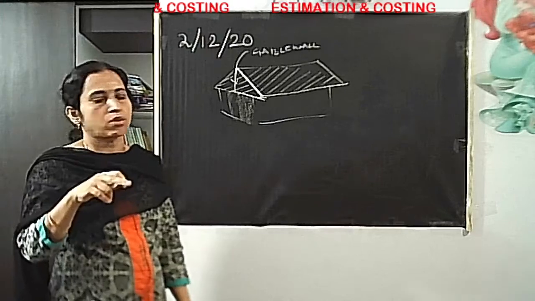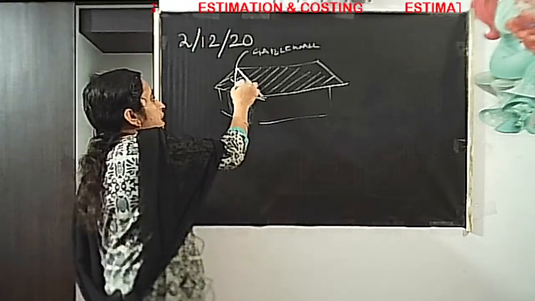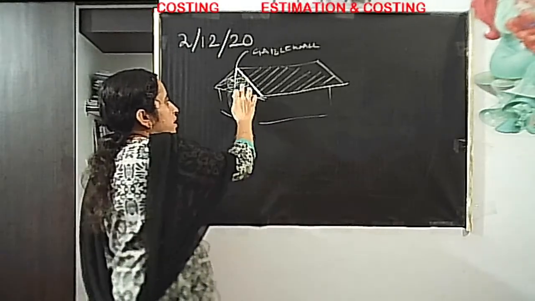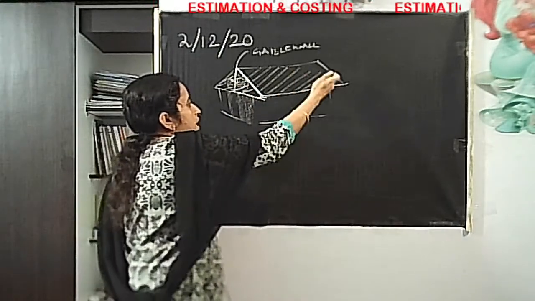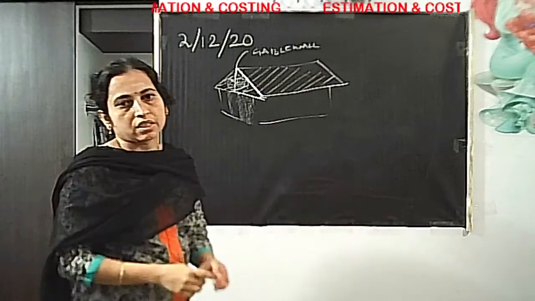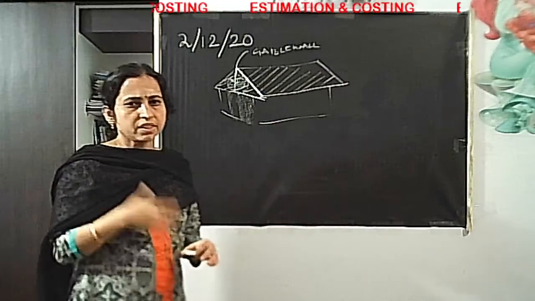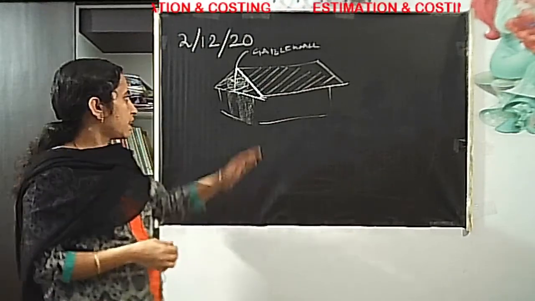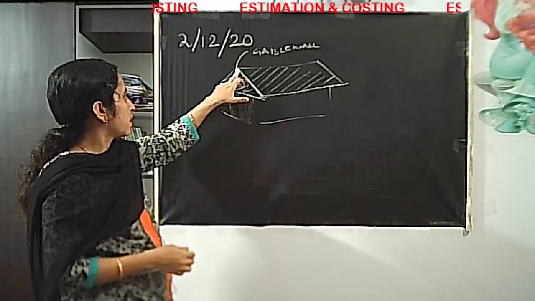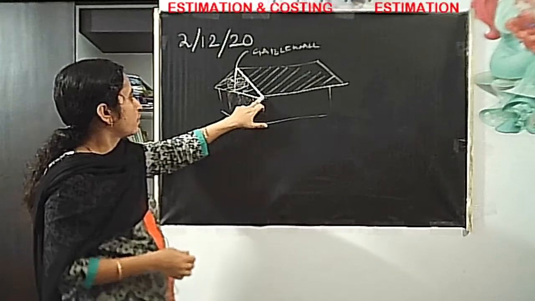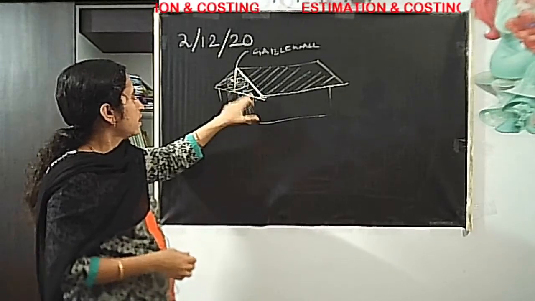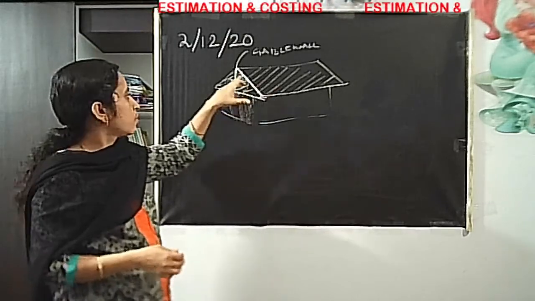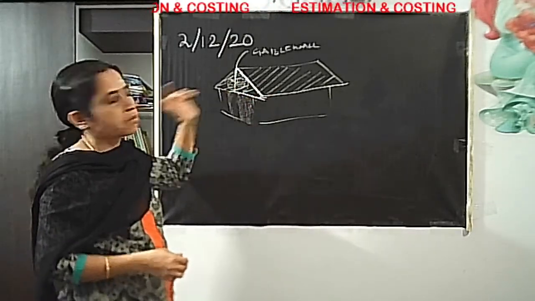But in the case of a sloping roof, there is additional brickwork here in the front as well as at the back, which you are supposed to add. For the brickwork, you take the area of this gable triangle and multiply by the thickness, that is 0.23 meter, to get the volume of brickwork in this gable portion.